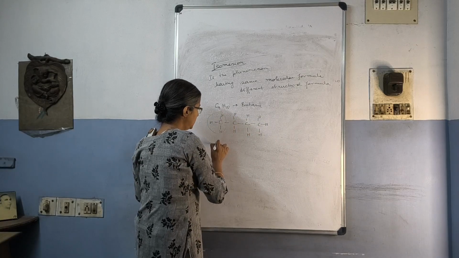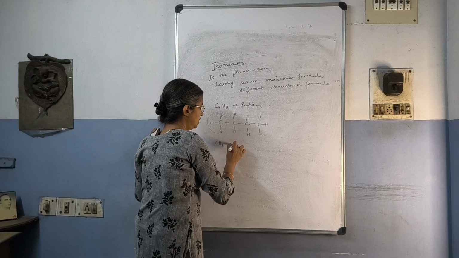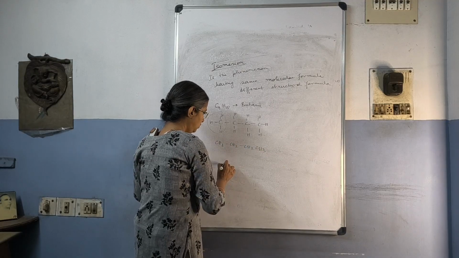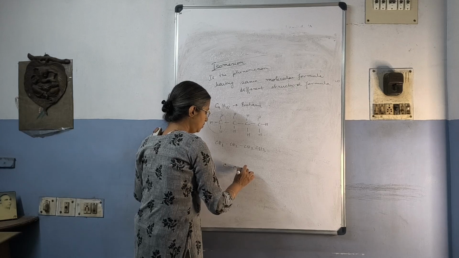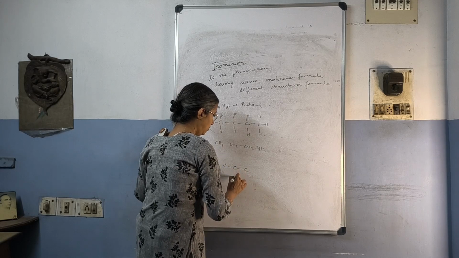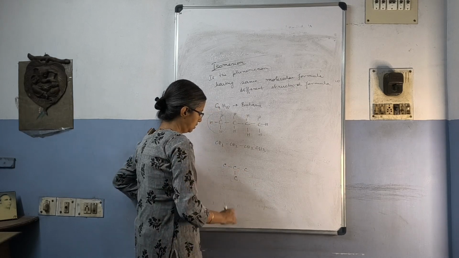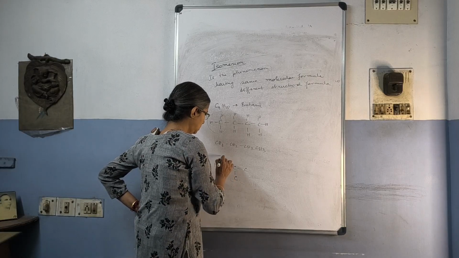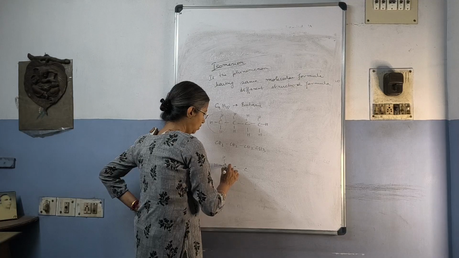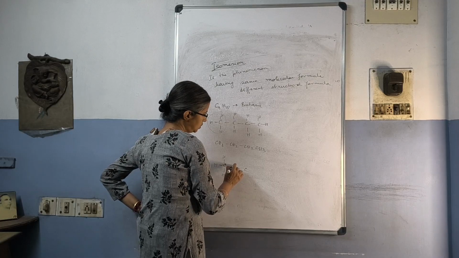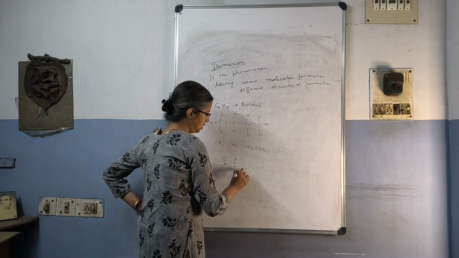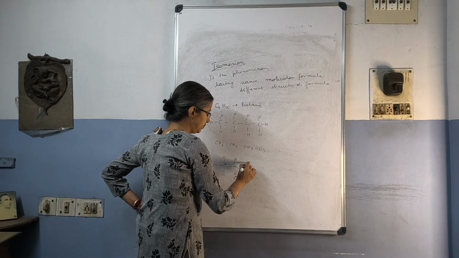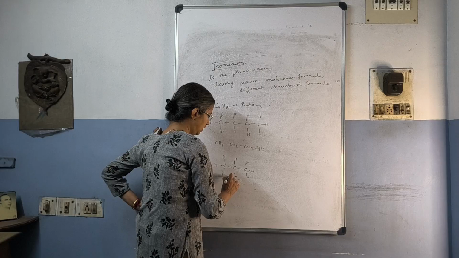So with butane we are having CH3CH2CH2CH3. Then we will have C bond C and make another carbon here. So we will have 1, 2, 3 here, and already 1, 2, 3 are here, so this carbon will get only one hydrogen. Again this carbon will get 3 hydrogens, and this will also get 3 hydrogens.